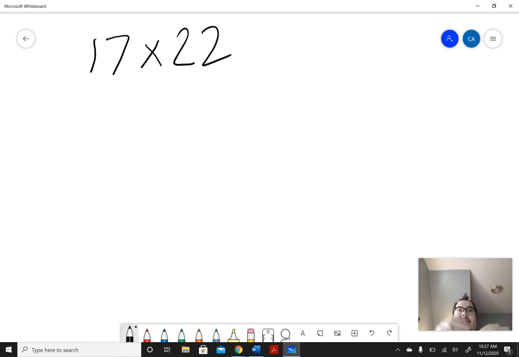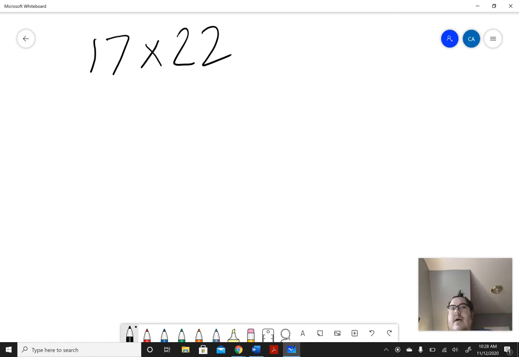Like if you bought 17 boxes of pencils and there were 22 pencils in each box. Or, since multiplication is commutative, remember numbers can move around and you're going to have the same product, you could also have 22 groups of 17. So 22 boxes of 17 pencils.